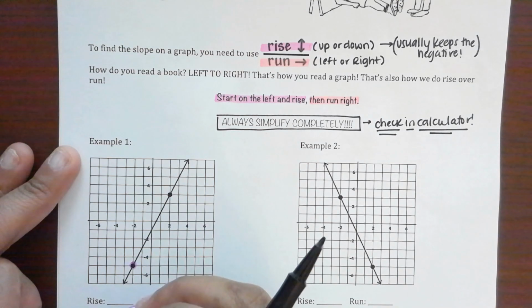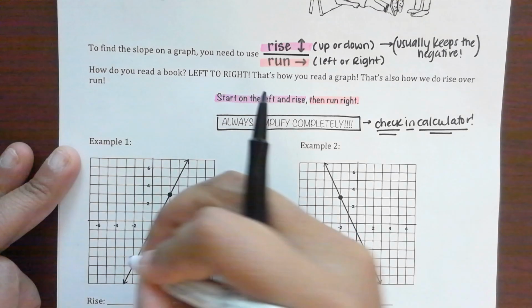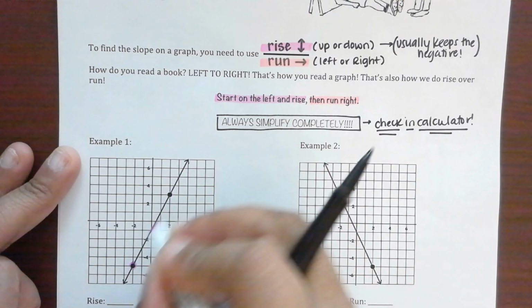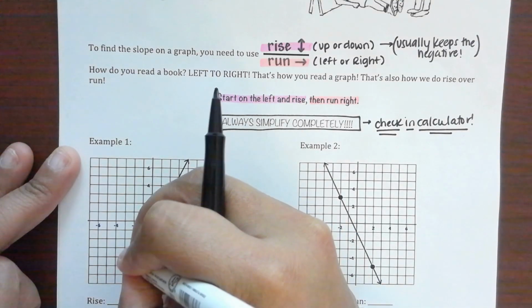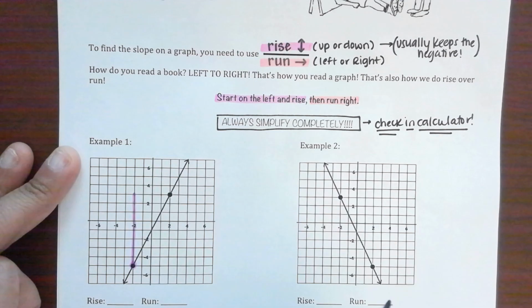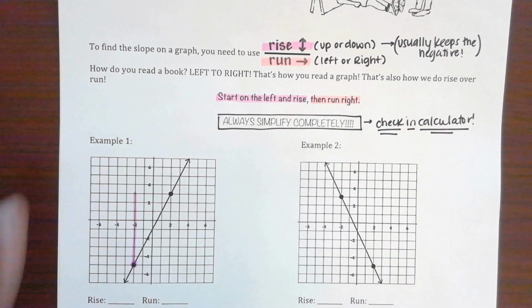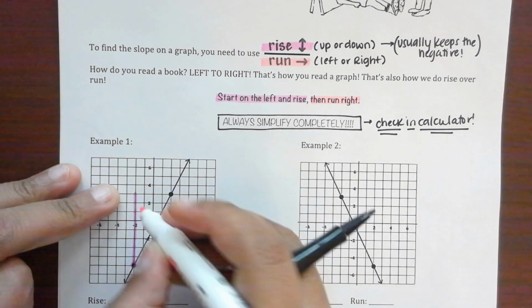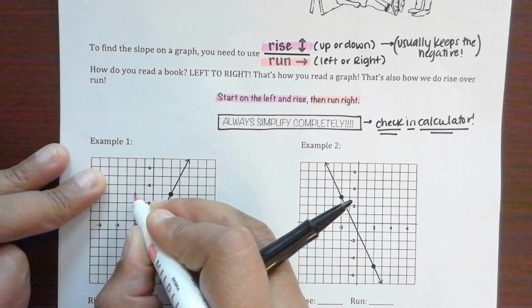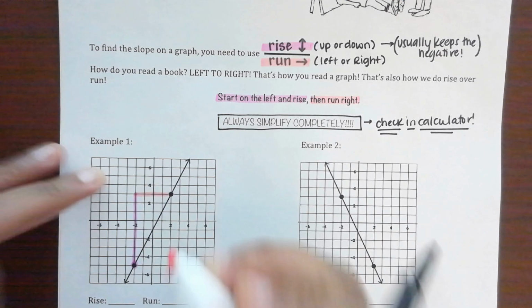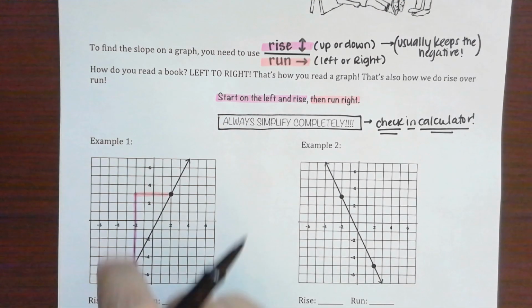So do I have to rise upward or rise downward? Up, because you have to start from the leftmost point. And then from there, how do I get to that point from this corner? What direction do I have to go? The right.